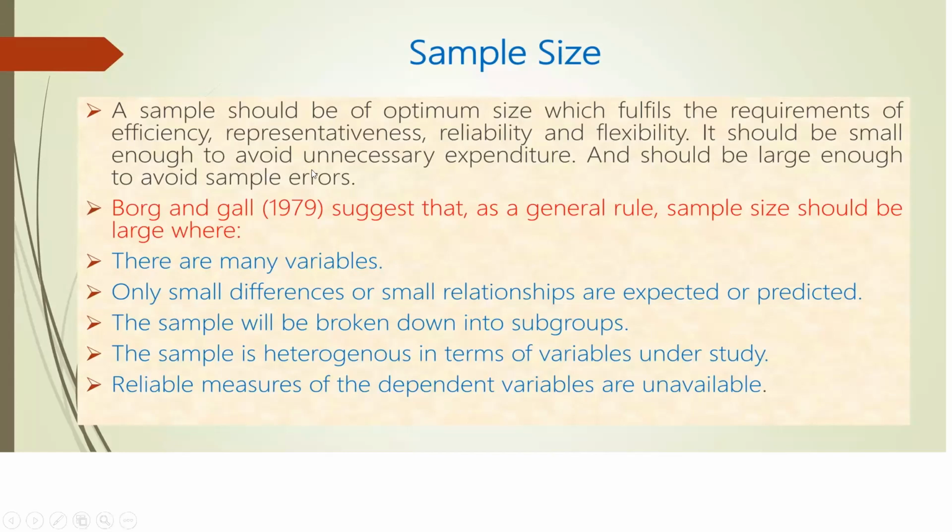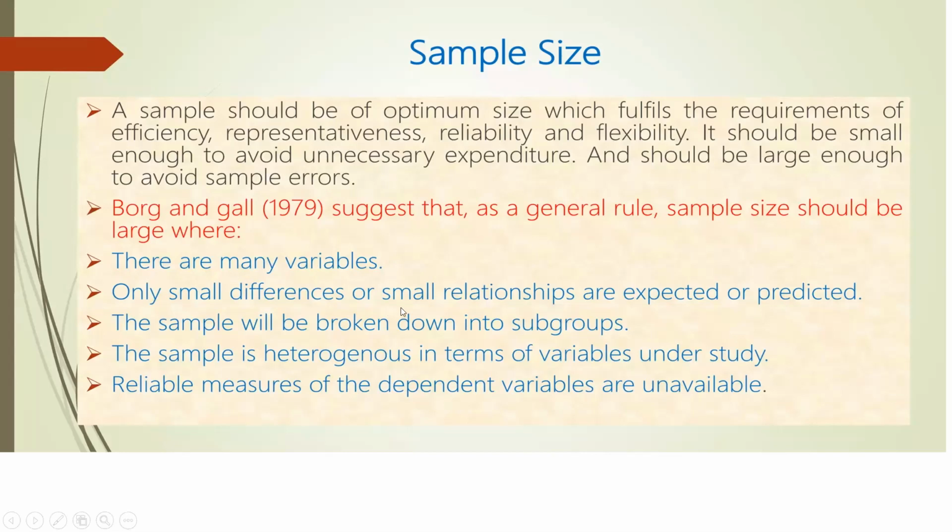Now, Borg and Gall are the scientists who studied sample size more and suggested a general rule for selecting the sample size. And what is that? There are many variables. So whenever you are choosing a sample size, you should add many variables.